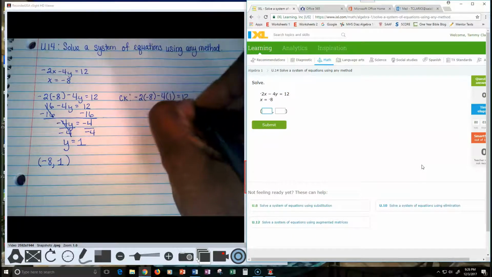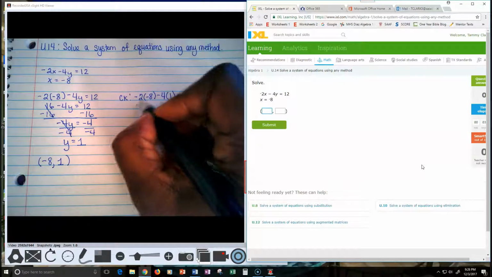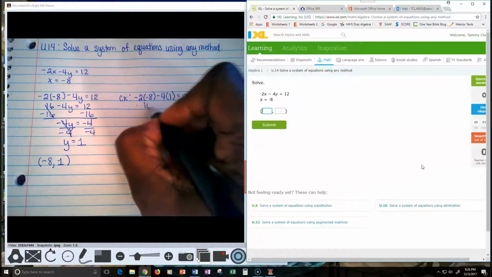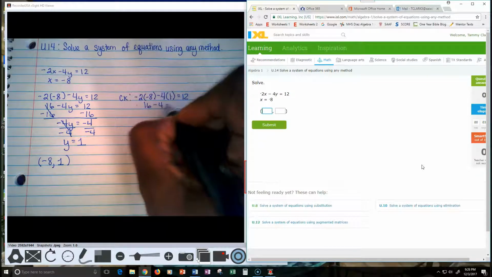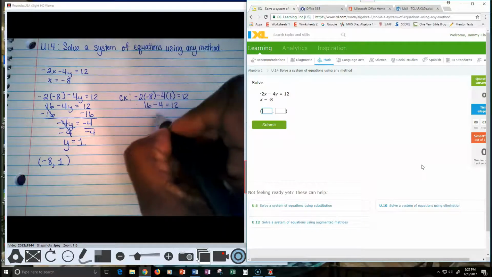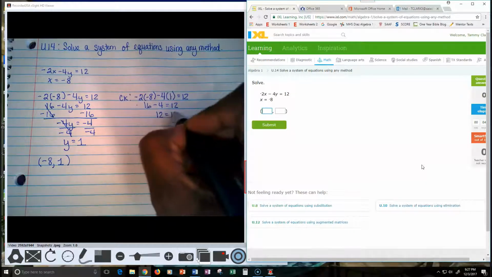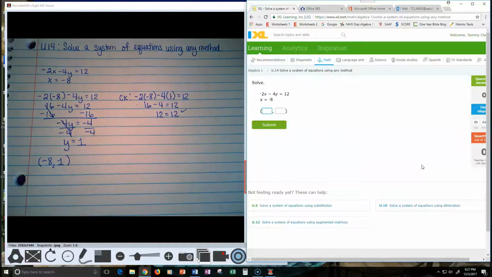We want to see if that equals 12. Well, negative 2 times negative 8 is positive 16. Negative 4 times 1 is negative 4. And 16 minus 4 is 12, and 12 does equal 12, so that checks out. Let's go ahead and do another. I guess I better put the answer in, not negative 88. Negative 8 and 1.